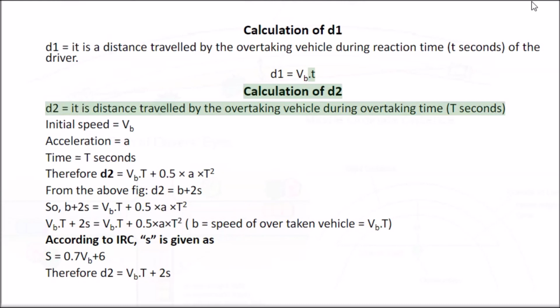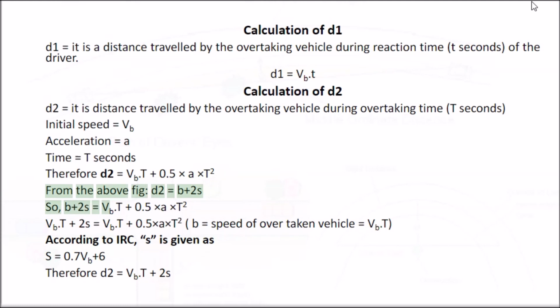Calculation of D2: it is the distance traveled by the overtaking vehicle during overtaking time, T seconds. Initial speed equals v. Acceleration equals a, time equals T seconds. Therefore D2 equals v T plus 0.5 times a times T squared.